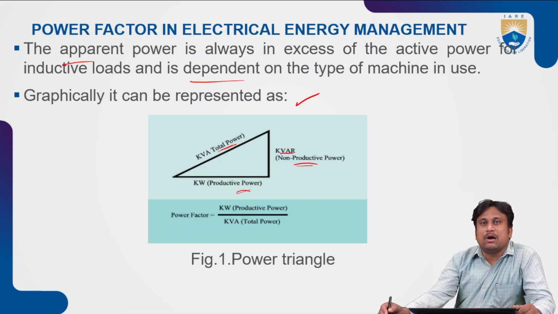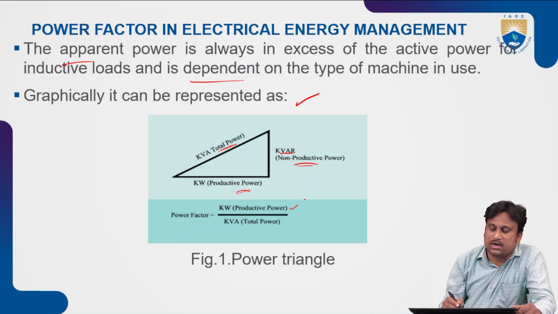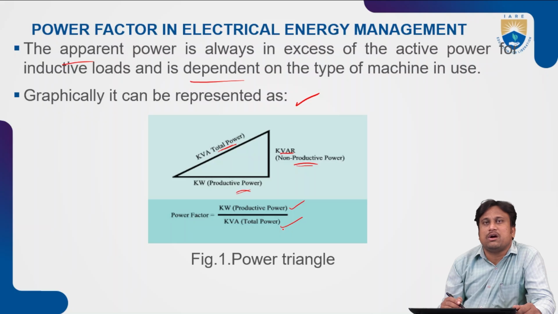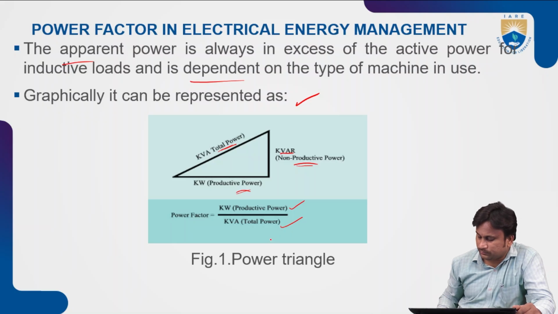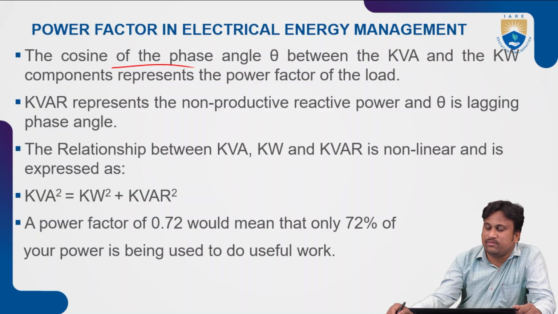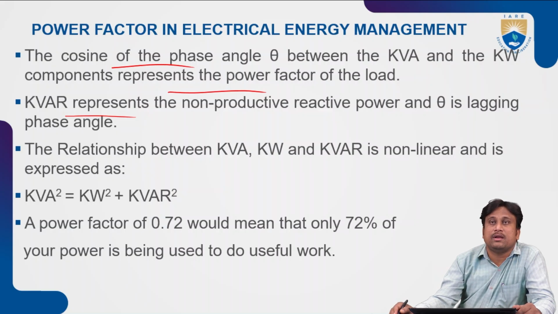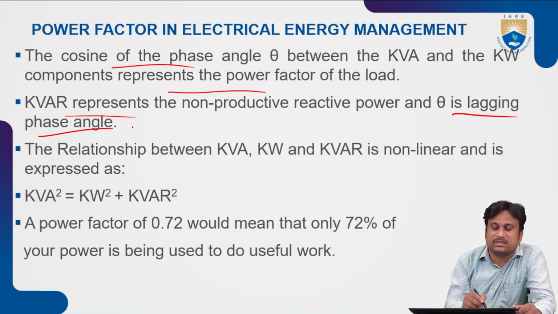That means the power factor can be drawn from the power triangle as the ratio of kilowatts of productive power to the total power in kVA. So this is the combination we usually treat. The cosine of the phase angle theta between the kVA and the kilowatt components represents the entire power factor of the load. kVAR represents the non-productive reactive power and theta is the lagging phase angle.